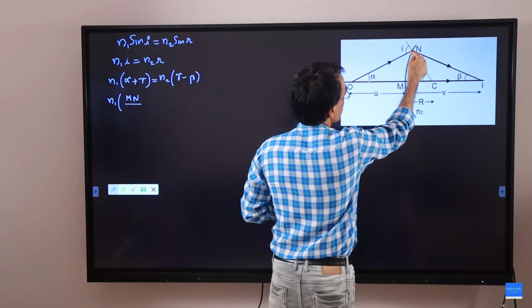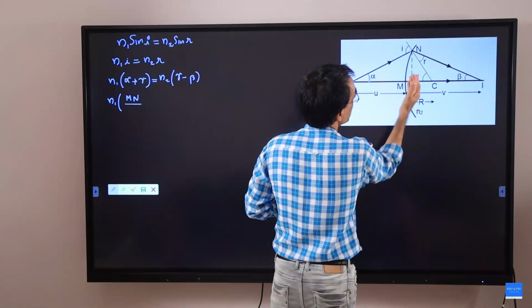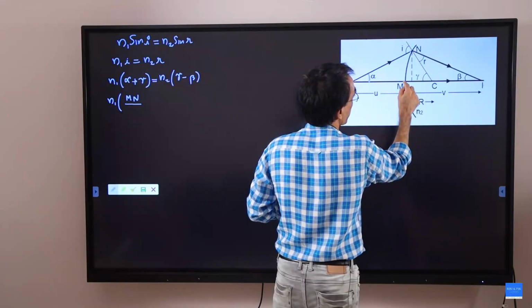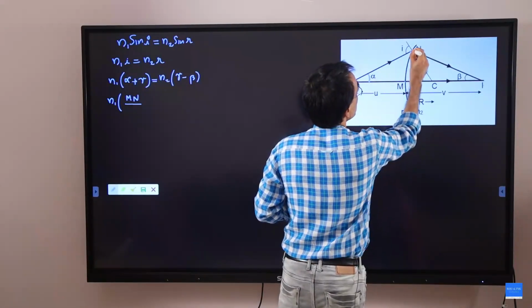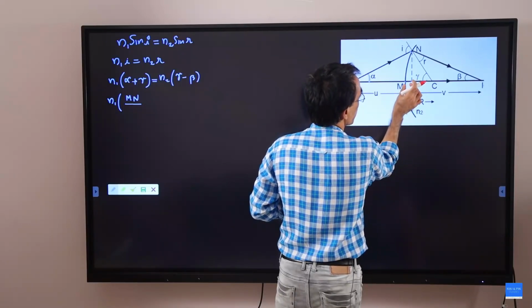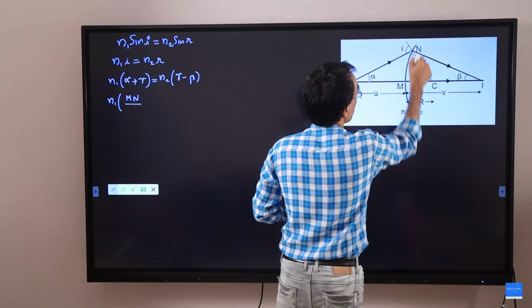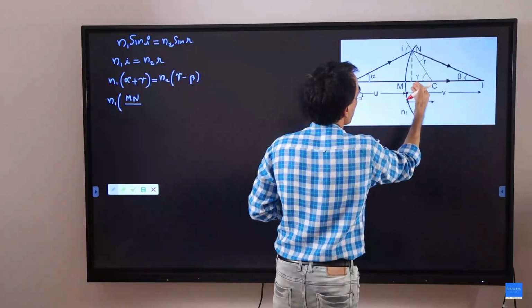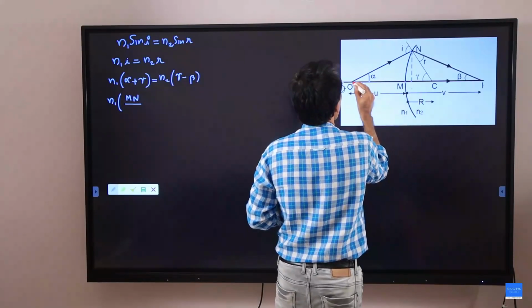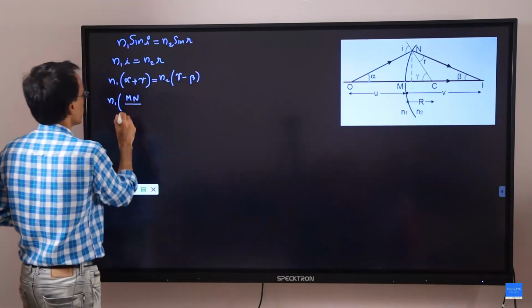The triangle is actually this perpendicular, but I can say it is almost equal to MN. This is M, this is N. This point is very close to M, that is why I say MN. MN is the vertical side, MN divided by MO, that is alpha.